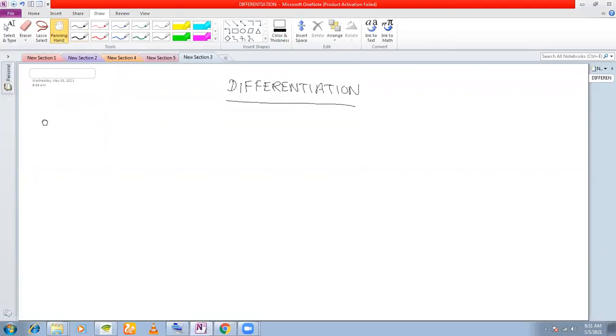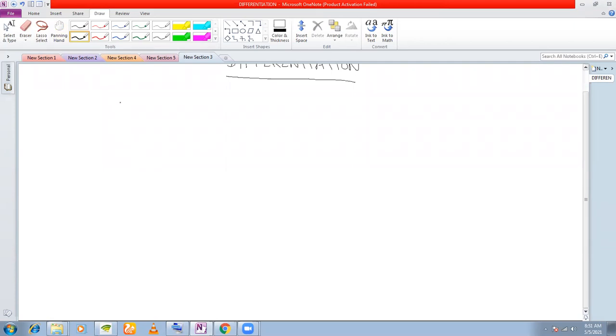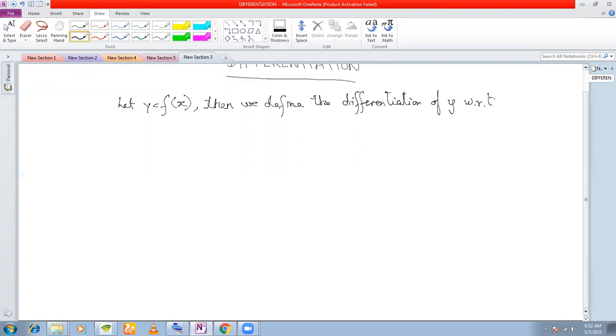If you remember, I had told you last time that if y is equal to f(x), that is, y is a function of x, then we define the differentiation of y with respect to x as dy/dx. This is also written as f dashed x.